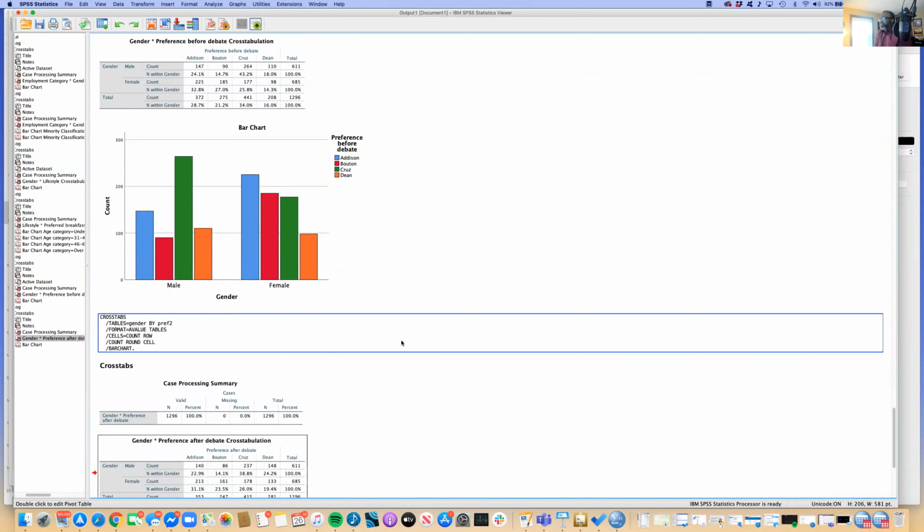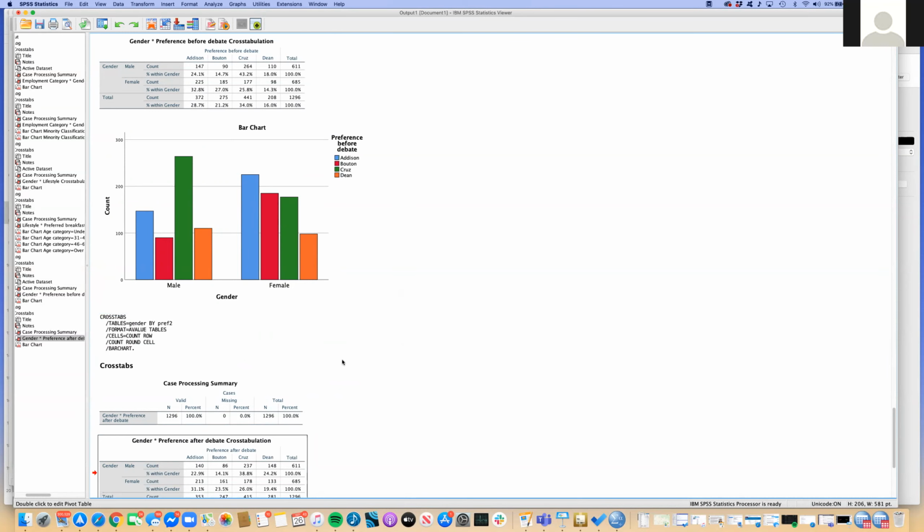So it looks like Cruz gained one voter, right? And we see here Dean started out with 98 supporters with women, right? And he went up to what, did he end up with, with females? 133. So he was the one that gained the most with females.